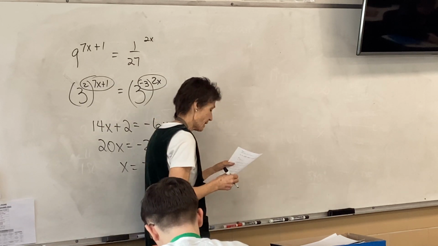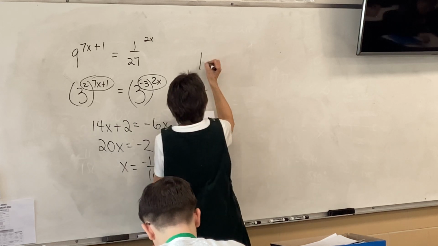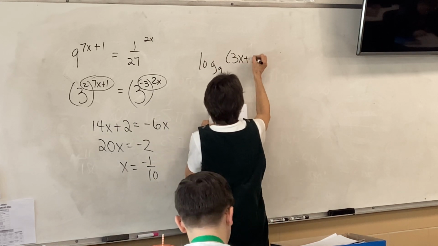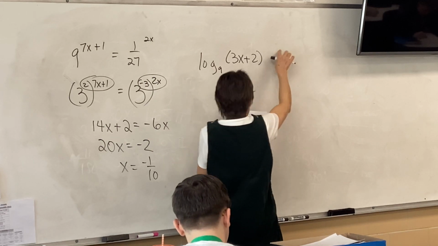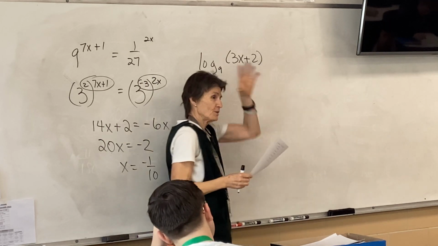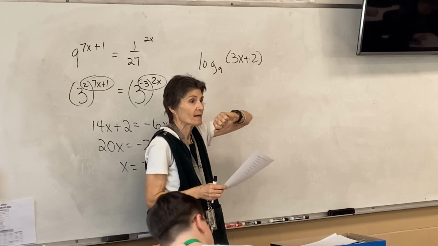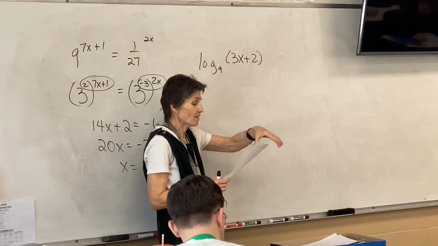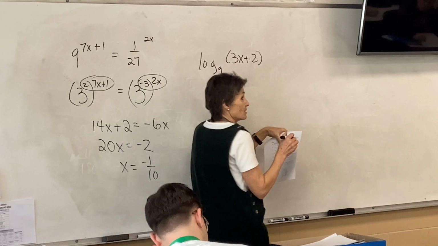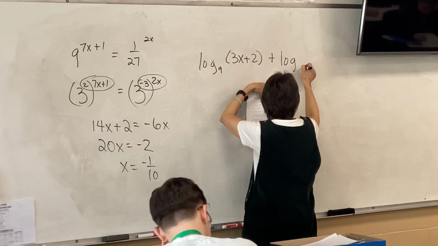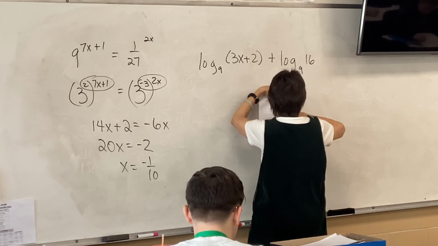What are you going to do with this guy? You can't have those two logarithms on the left side of the equation, so they're going to go together. But before you put them together, you better deal with that too. So that's going to be plus the log base 9 of 16.